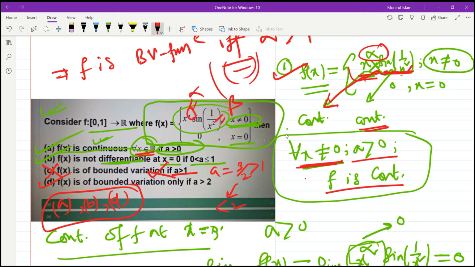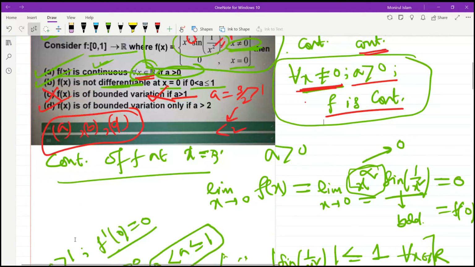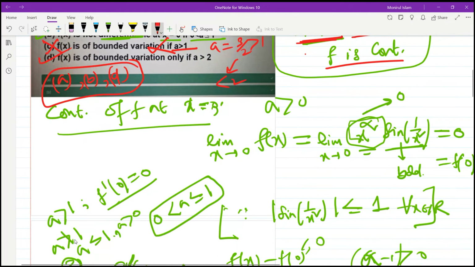So you have to check only for x equal to 0. How do you check continuity at 0? If you can prove limit x to 0 of f(x) is equal to f(0), then f is continuous at 0.